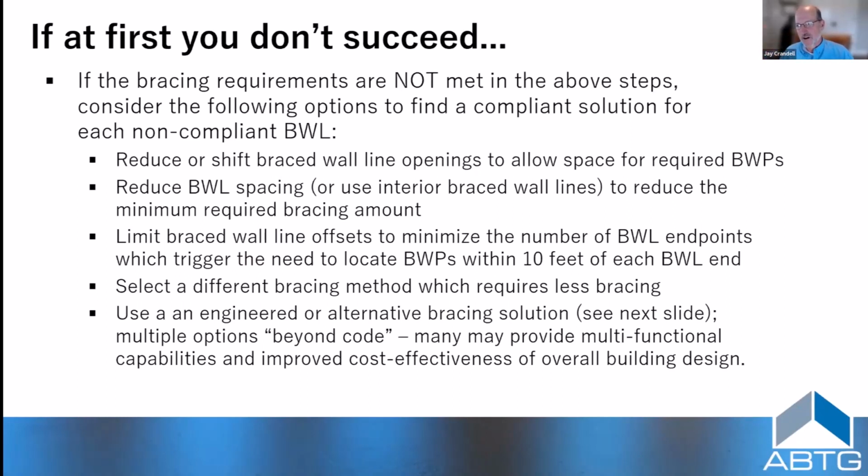So if you can get those offsets so that you can call the entire wall line a single braced wall line, then that'll make a wall line pass without any other change than that. So there's lots of options you can do, but if you run out of options or it's obvious, you might need to have that portion of the building engineered.